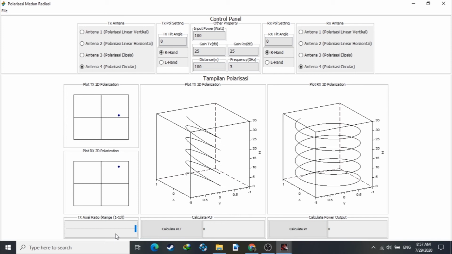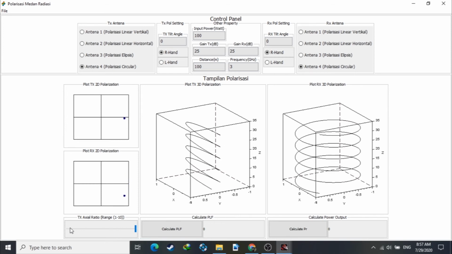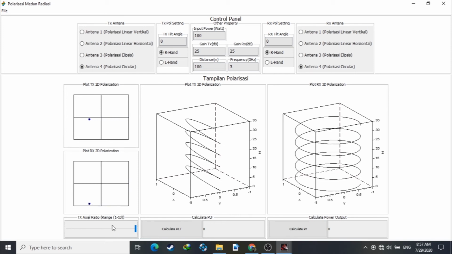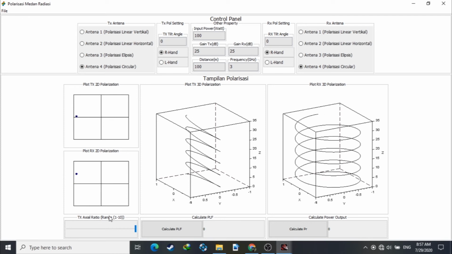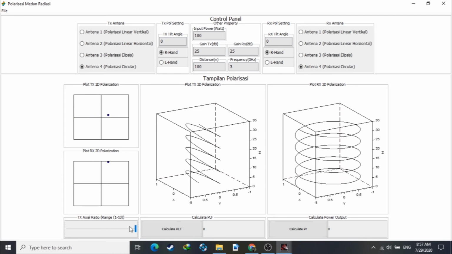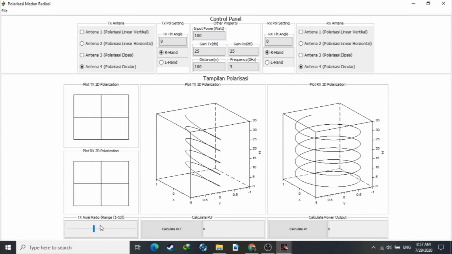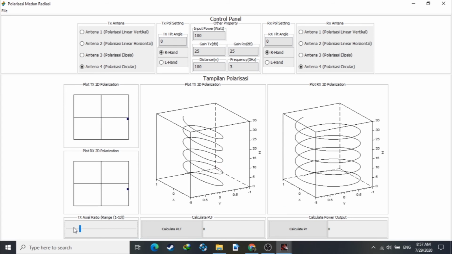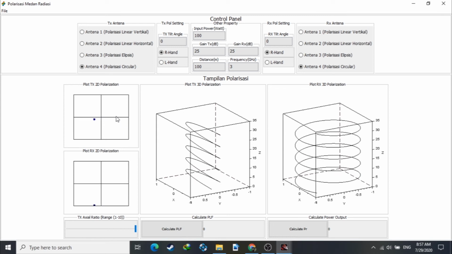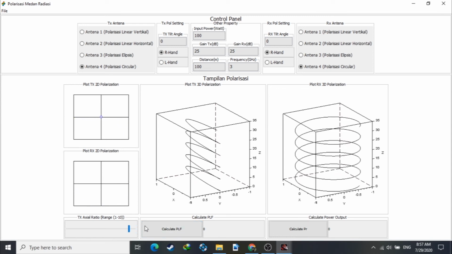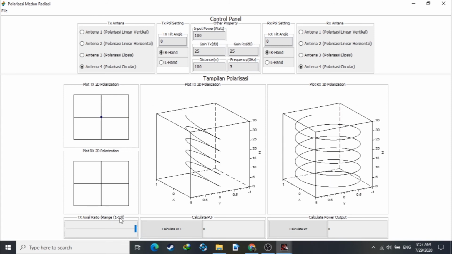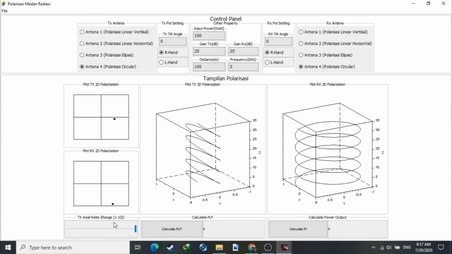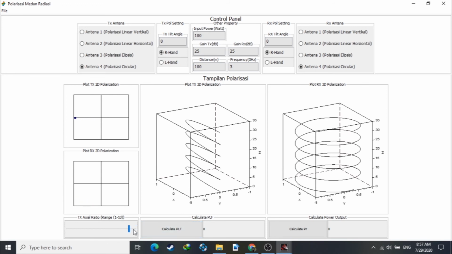Okay, so the circular polarization is at a ratio of 1, the elliptical polarization is more than 1, and the linear polarization is getting bigger than 10, or at the maximum of its range.